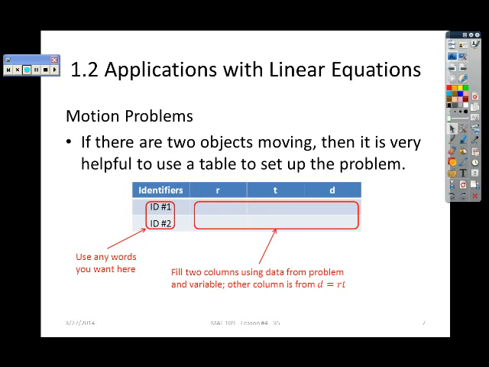The reason I can't say specifically it's on this column is it depends on what type of information is provided in the problem. It might be this one, or this one, or this one. It'll always be one of the columns, and it will always be either the sum will give a total, the difference will give a difference, or you'll set one equal to the other. And you have to look at what it's asking for, what other information is in the problem, to determine which of the 3 types it is.